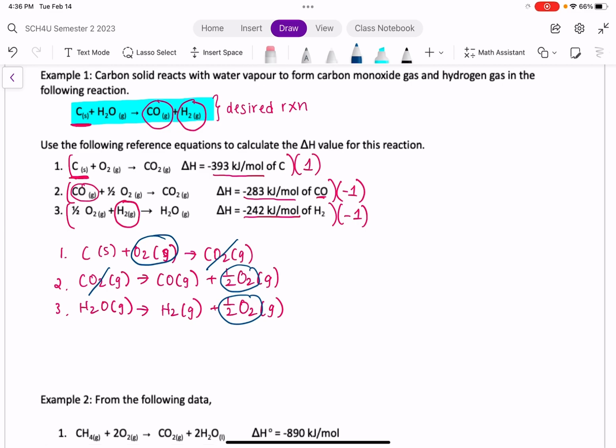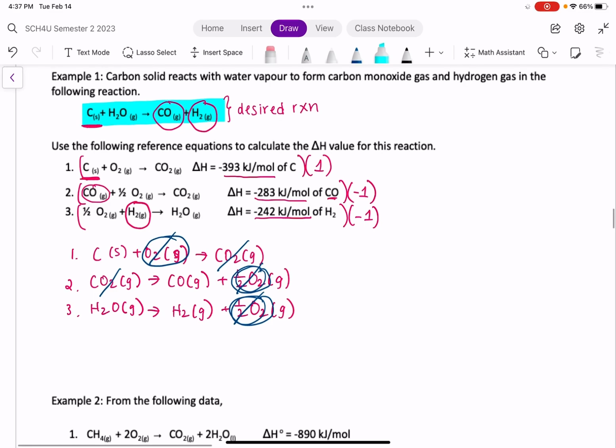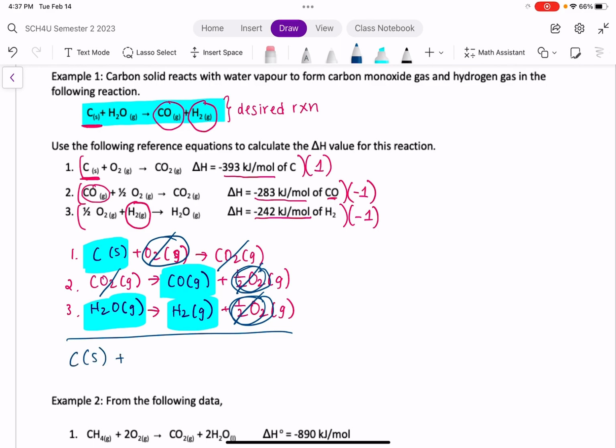So these will add up to form one. And because oxygen is on our reactant and product, it cancels out. So now what we're left with, the substances that we cannot cancel out, will give me the following equation. So solid carbon, gaseous water, or H2O, carbon monoxide, and hydrogen gas. And this is what I was aiming for. This is my desired reaction.